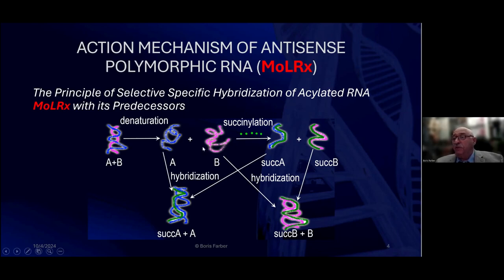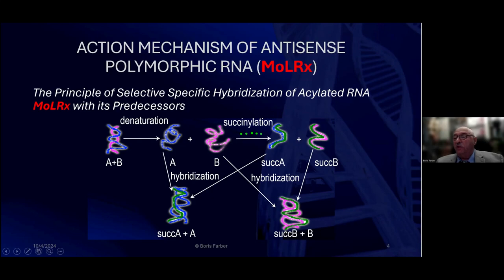Modification: both single strands are acylated, reversing mononucleotide charges. Modified chains selectively hybridize only with their precursor. For instance, chain A hybridizes only with acylated chain A, and respectively chain B hybridizes only with acylated chain B.